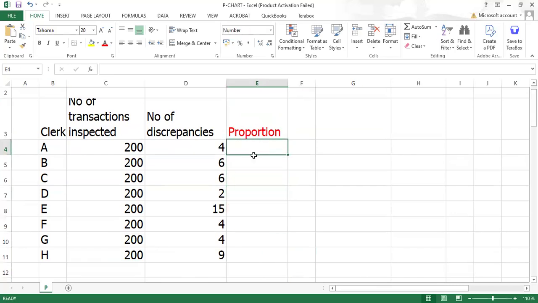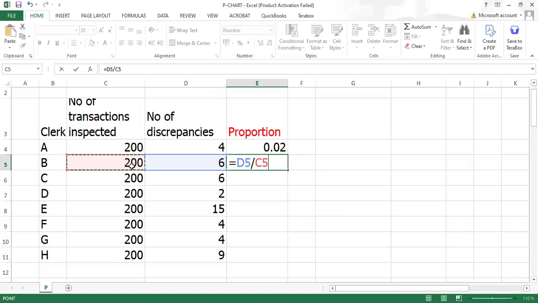And how do we get proportion? You simply get the number of discrepancies, then you divide by the total number of transactions inspected. You can round off to some decimal points to avoid issues. You do the same for all, you get 6 divided by this.